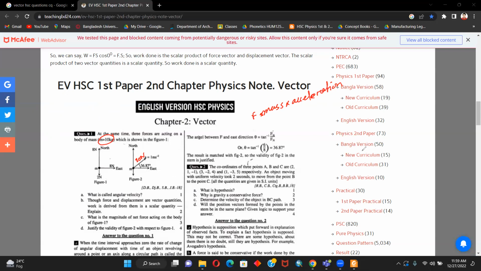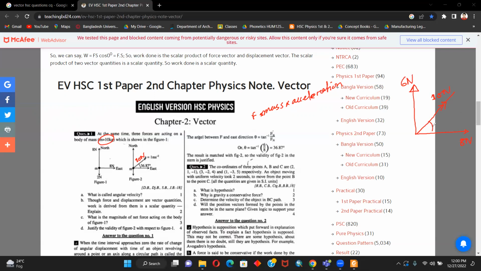Okay. So if I revise the diagram again, in this direction we got 6 newtons. In this direction, we've got 8 newtons. And in this direction, we've got 10 newtons. And they have given us the angle.